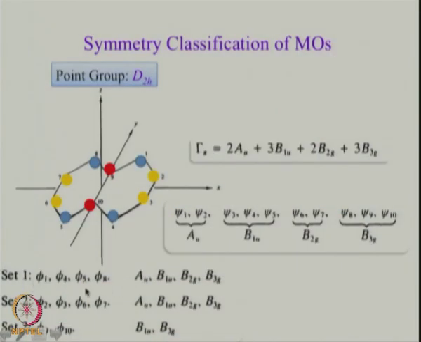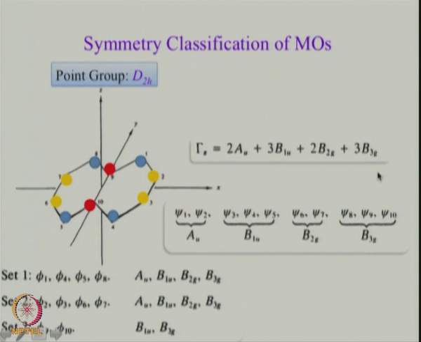Actually there is no need to do this. With a little bit of experience, if you just look at this linear sum, 2AU plus 3B1U plus 2B2G plus 3B3G, I can write it as 2 multiplied by AU plus B1U plus B2G plus B3G, plus B1U plus B3G.